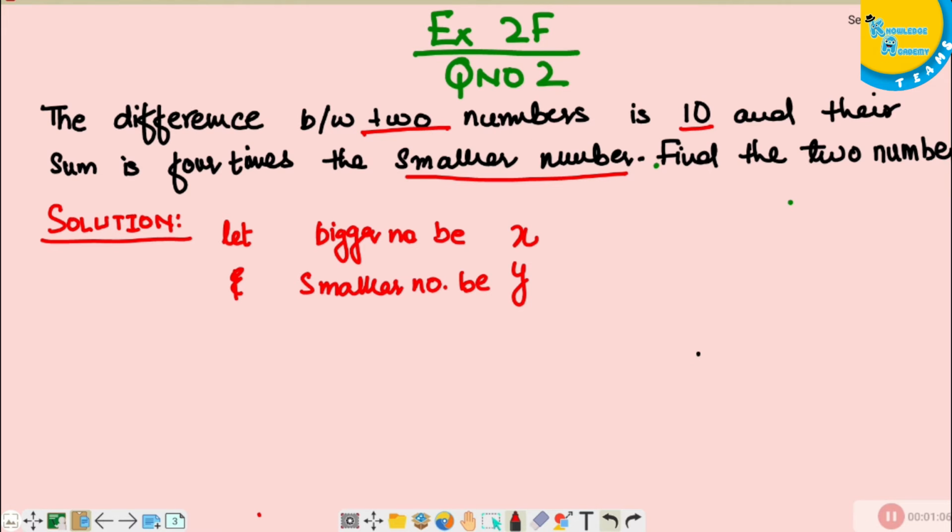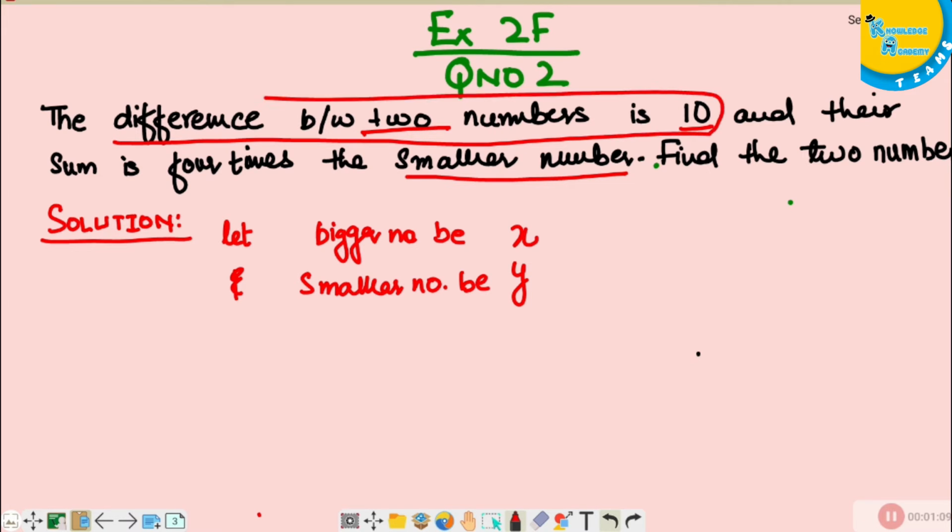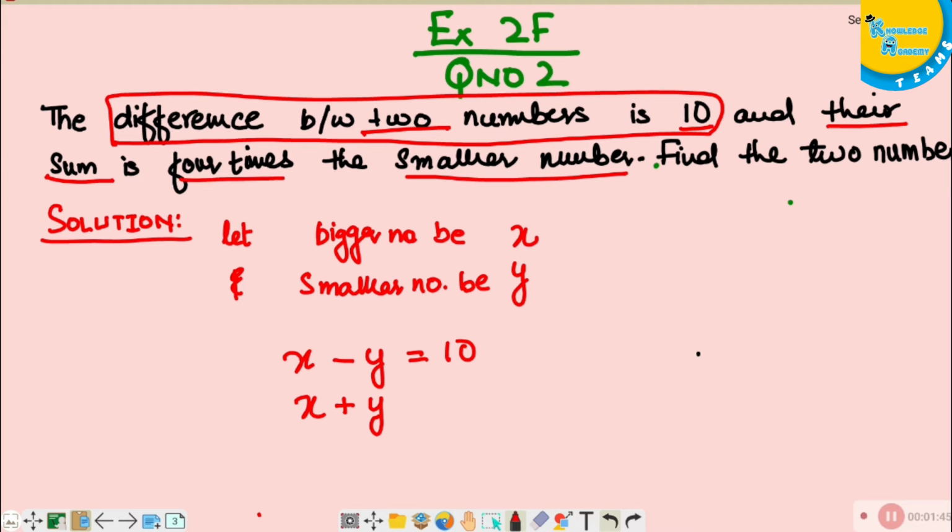So according to the given condition, the difference of the two numbers is 10. So one equation is going to be x minus y is equal to 10. Another condition that has been given is that their sum is 4 times the smaller number, which means the sum of our variables x and y is 4 times the smaller number.